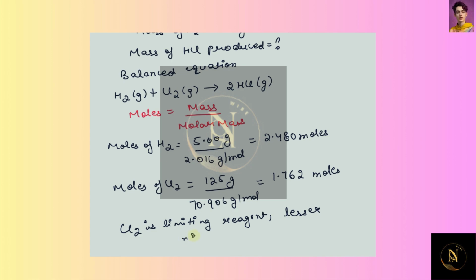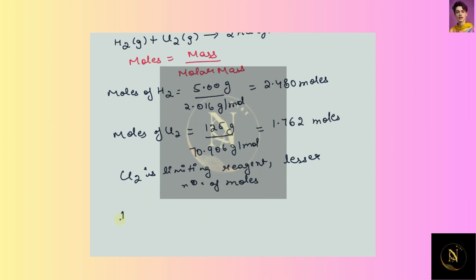Now from this limiting reagent we can find out the moles of the HCl. If we see the balanced equation, 1 mole of Cl2 produces 2 moles of HCl.